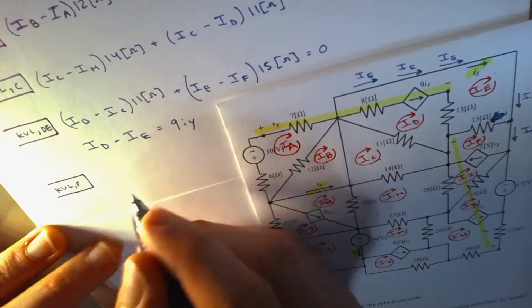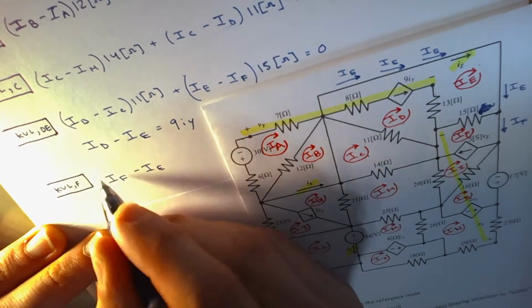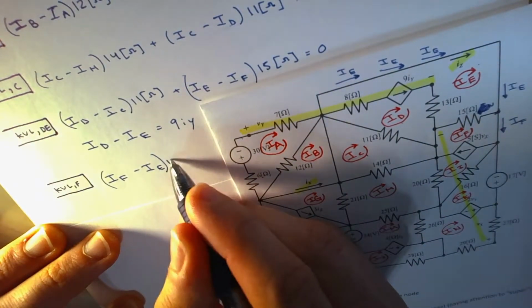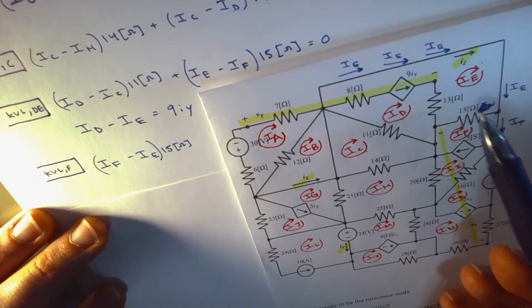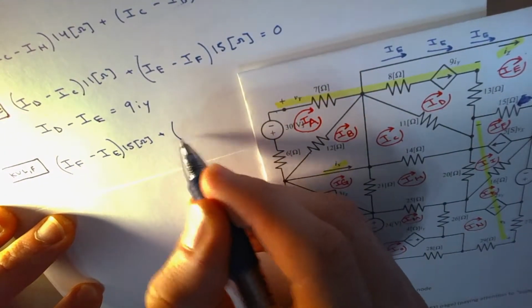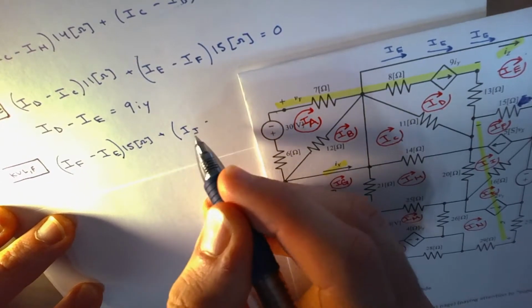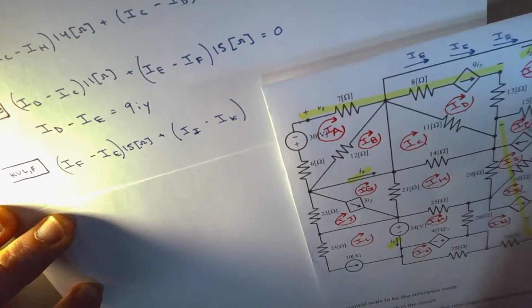That's going to be IF minus IE times 15 ohms plus II minus IK times 16 ohms.